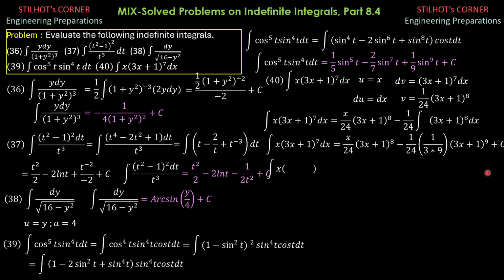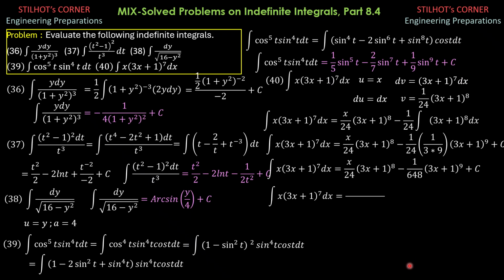So simplifying, that would now become x over 24, quantity 3x plus 1 to the 8, then minus 1 over 648, quantity 3x plus 1 to the 9 plus c. So factor out everything and simplify. I will not read it anymore, you can follow.